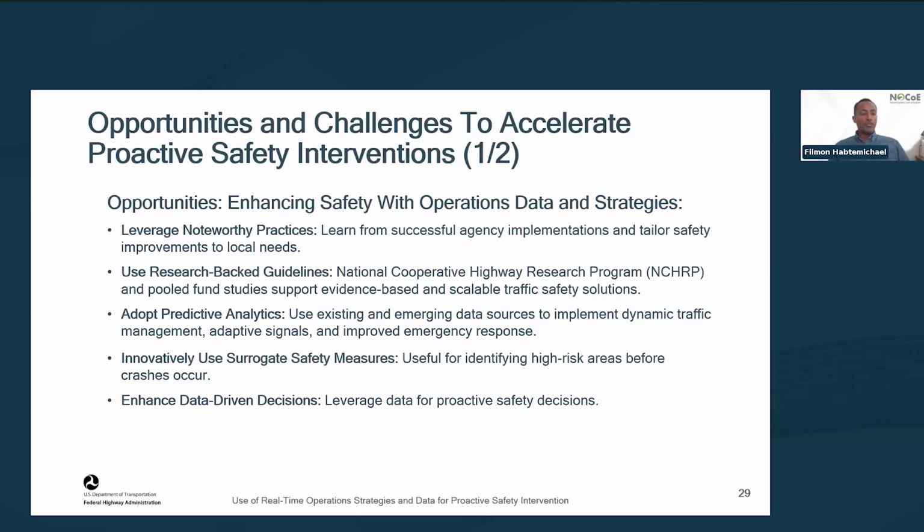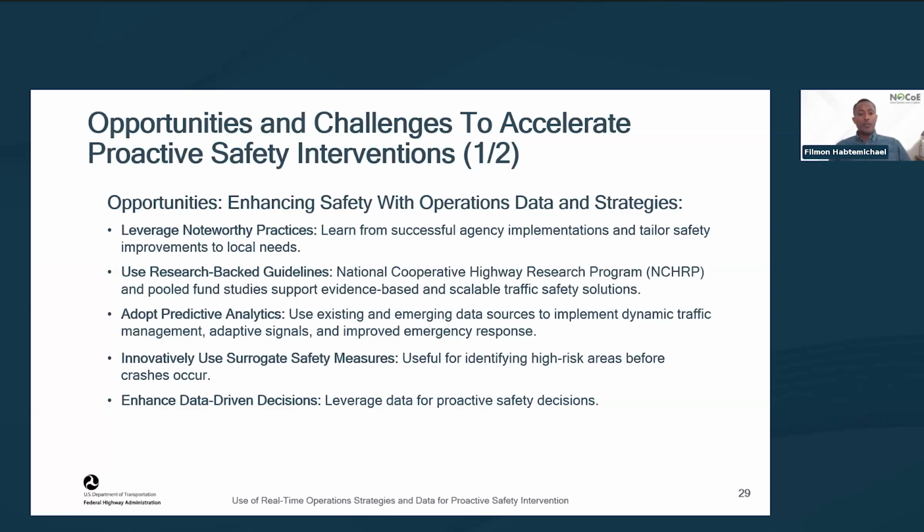There are a lot of noteworthy practices out there showcasing successful agency implementations. This provides a really good opportunity for other agencies to learn from these initiatives and tailor safety improvements to their local needs. The other one is the use of research-backed guidelines.